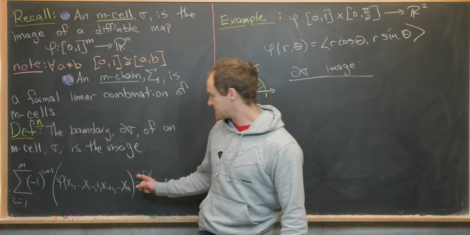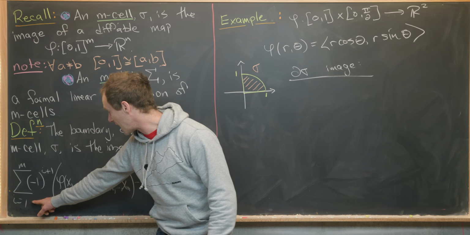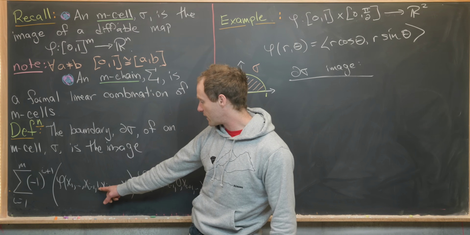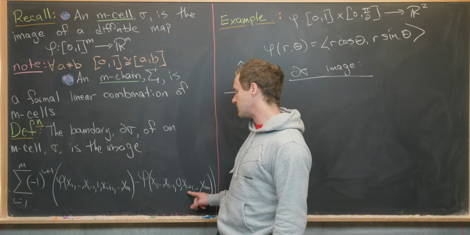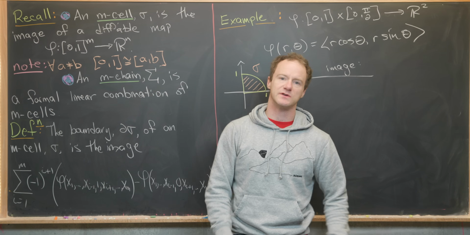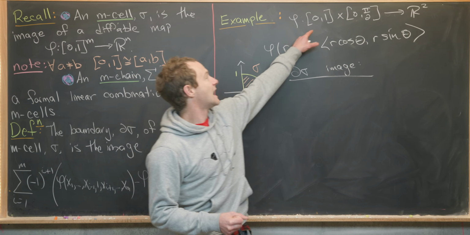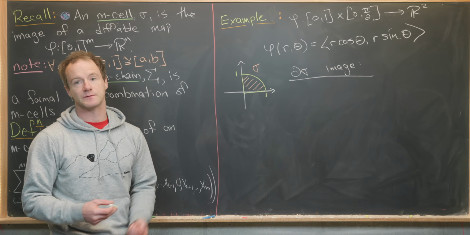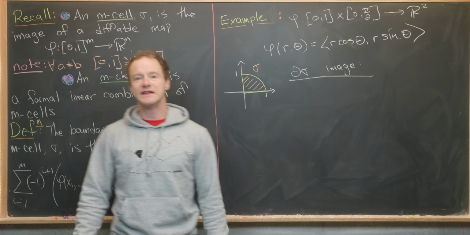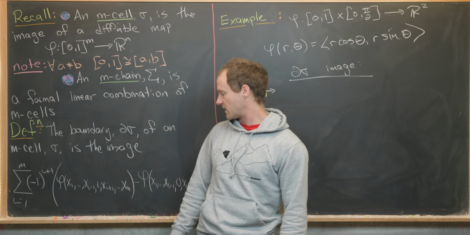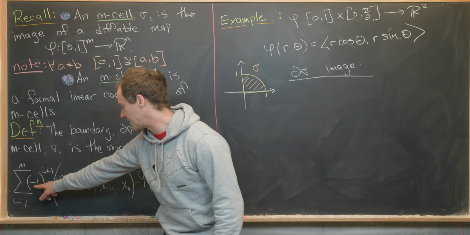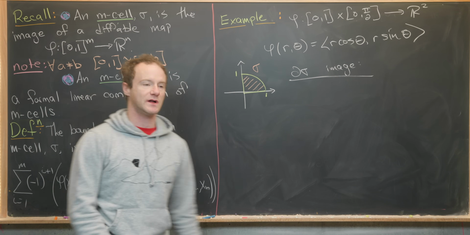So we'll think about this as the sum from i equals 1 to 2, where we've evaluated at 1 and 0 in both of the variables. But keeping in mind that our second variable is really not the unit interval, but the interval from 0 to pi over 2. So we need to do evaluation of our first variable first, and that'll be attached to a plus sign because we'll have (-1) to the 1 plus 1.